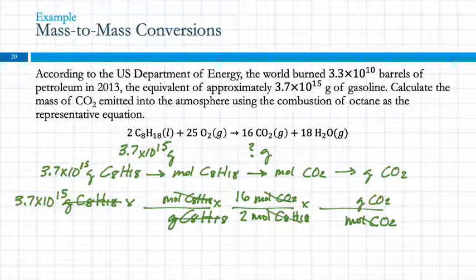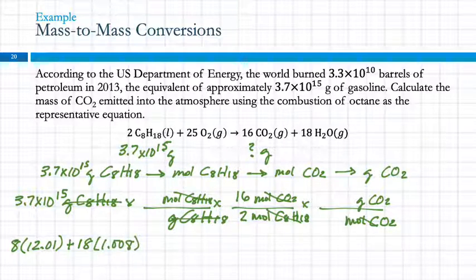Then I need molar masses, so I'm going to have to calculate those. So for C8H18, I've got 8 carbons times the mass of carbon, and 18 hydrogens times the mass of hydrogen.